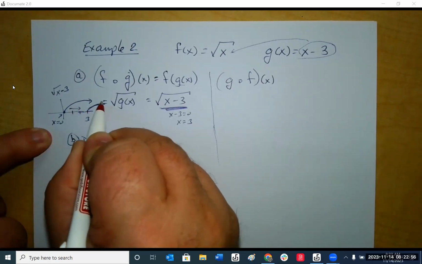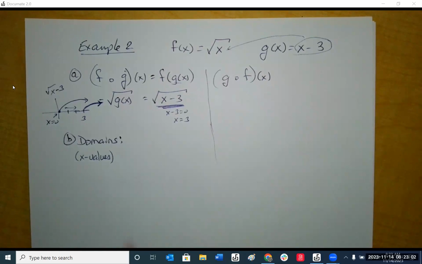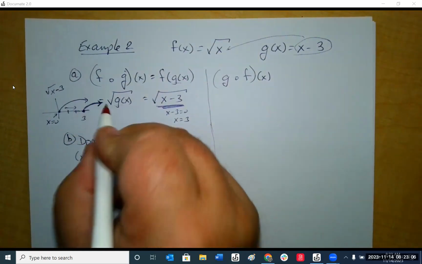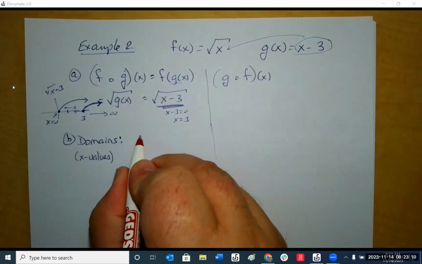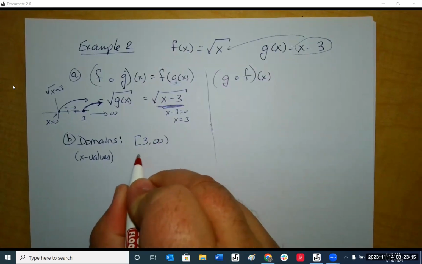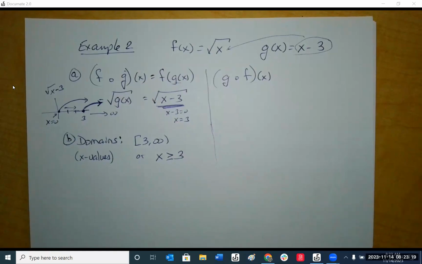So my graph is like this now. So the domain is the smallest it can be is 3, and it can go on to infinity, or I could say x is greater than or equal to 3. Either one of those.